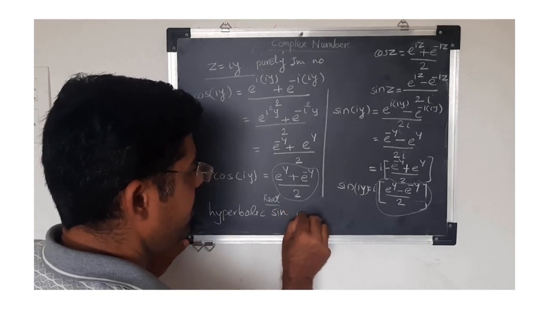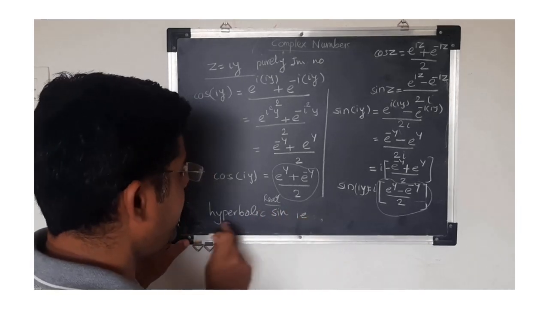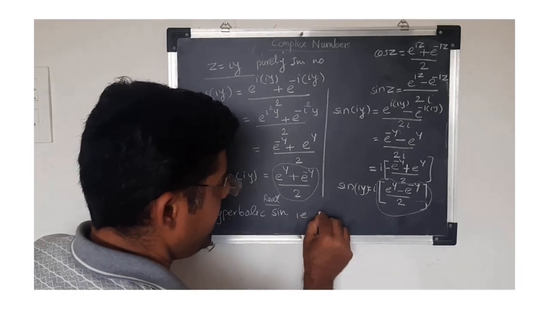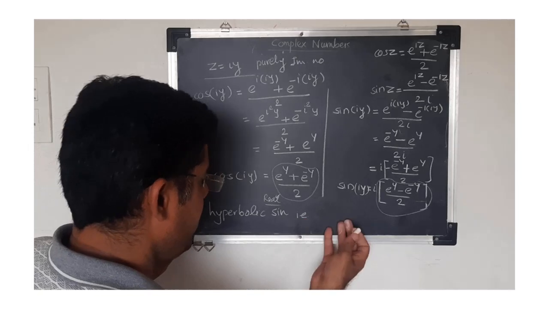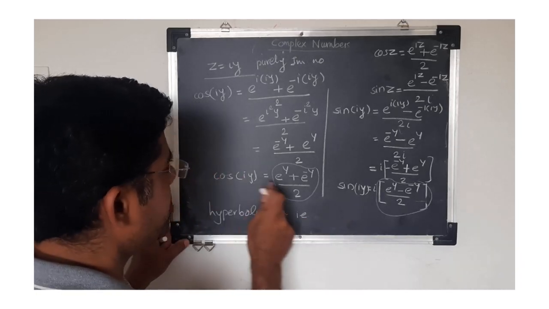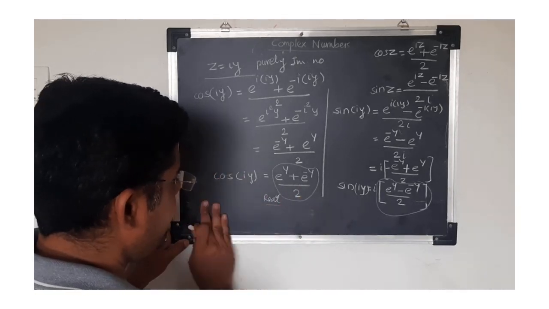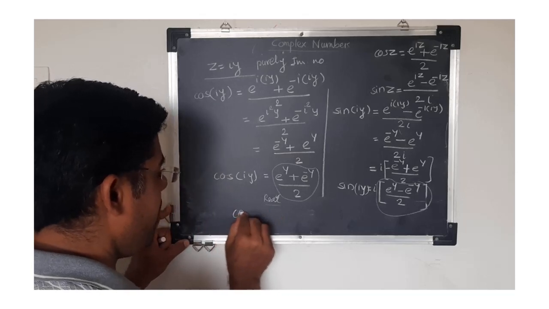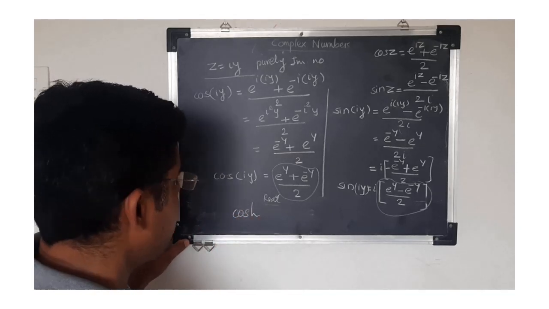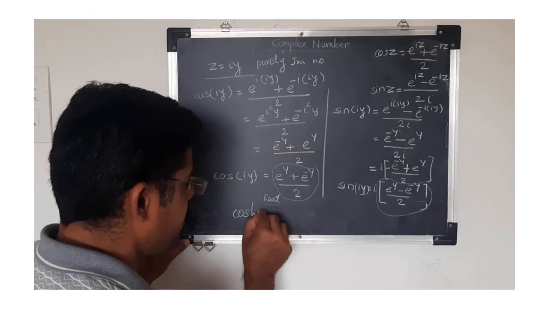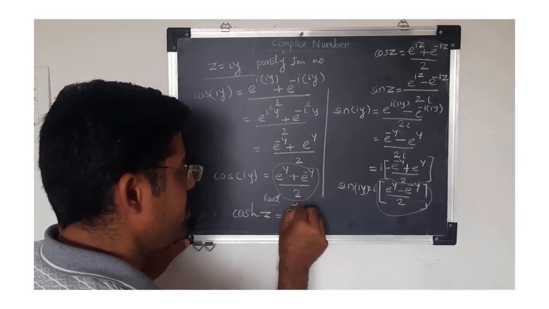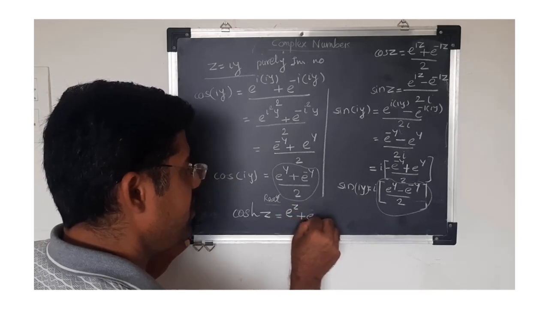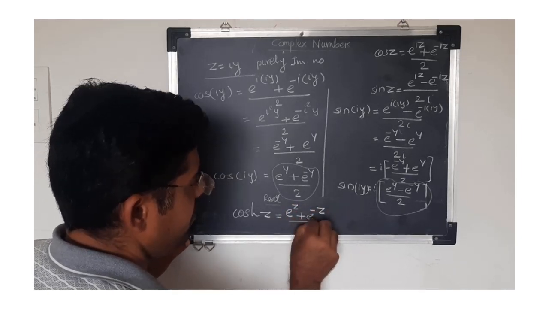This part you already learned in mathematics. So the hyperbolic cosine of z is nothing but e raised to z plus e raised to minus z divided by 2.